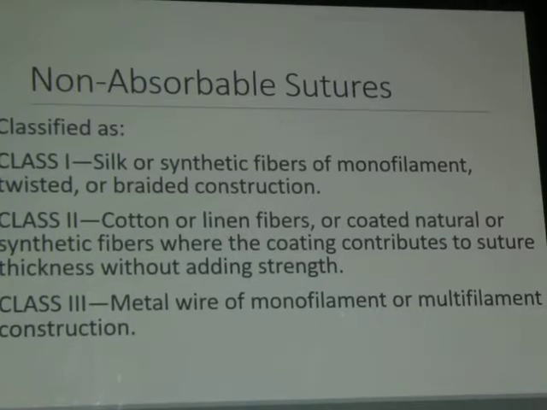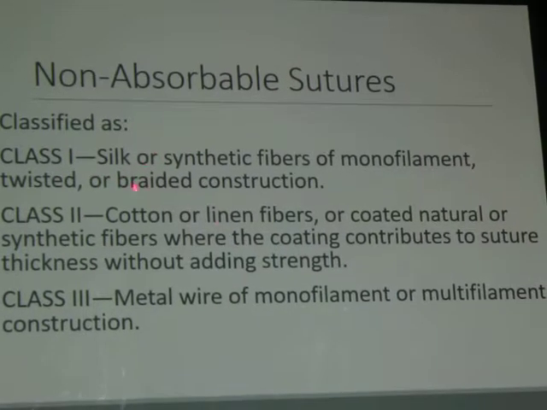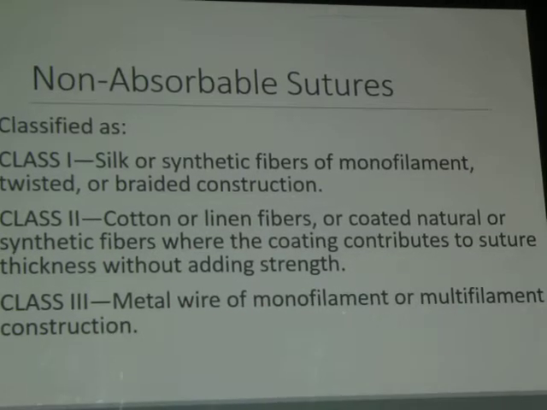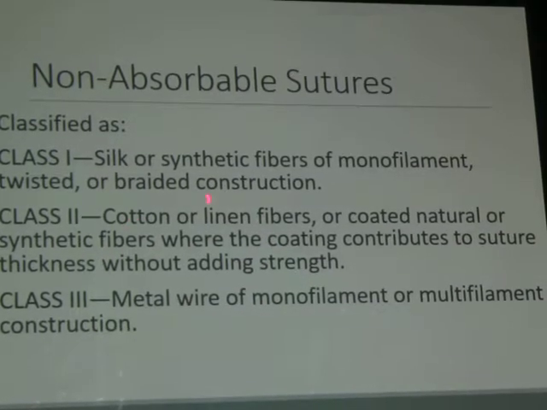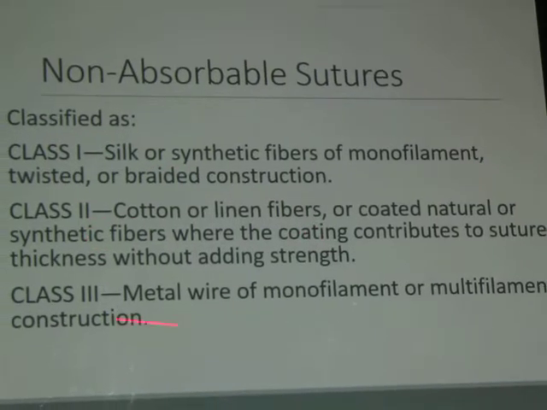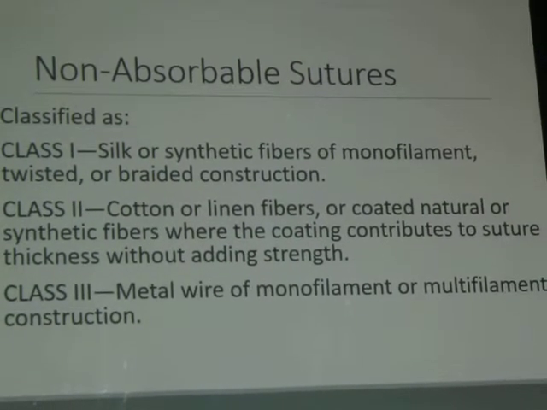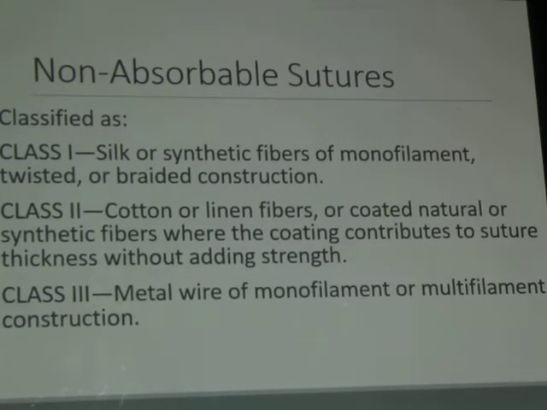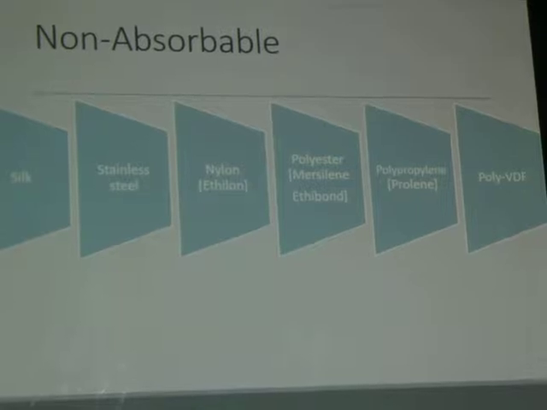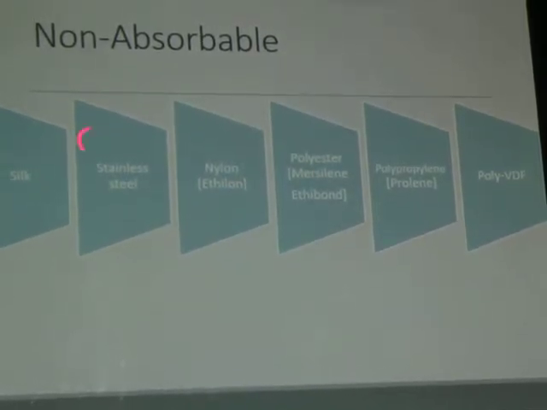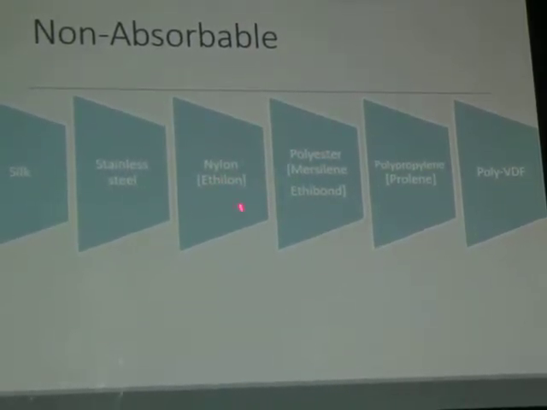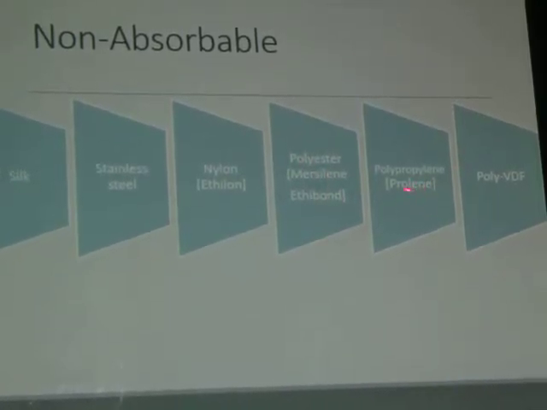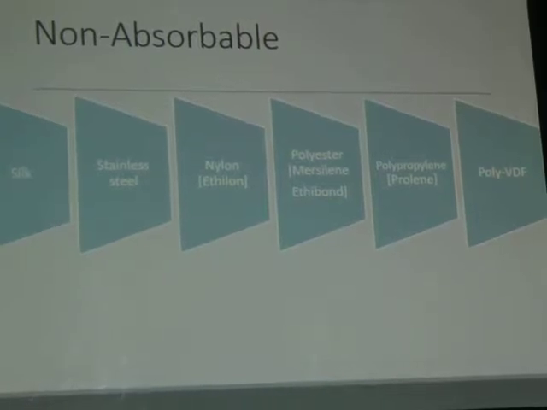Basically, there are class 1 sutures like silk, class 2 are synthetic fibers, and class 3 are metallic wires. So we have silk, synthetic fibers, and metallic sutures which are non-absorbable sutures and which should be used as we need.